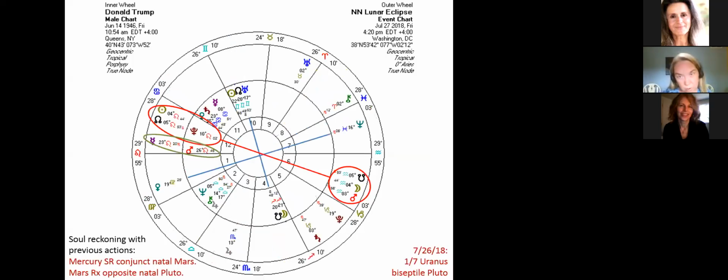Donald Trump chart, same lunar eclipse, same first biseptile. The biggest thing is that transiting Pluto is getting closer and closer to opposing his natal Saturn, which is the Lord of Karma, the great timekeeper.